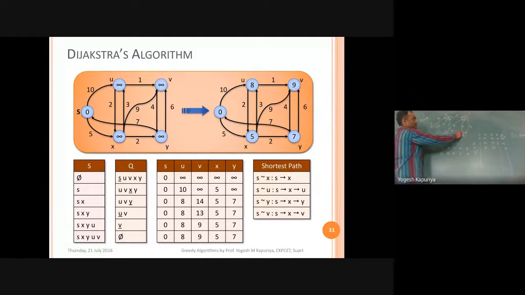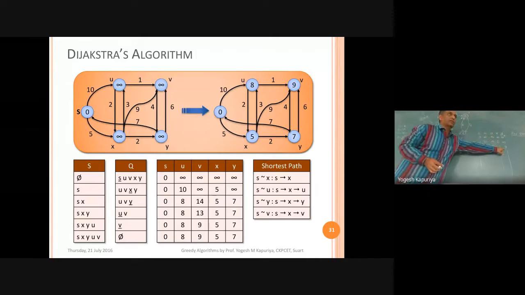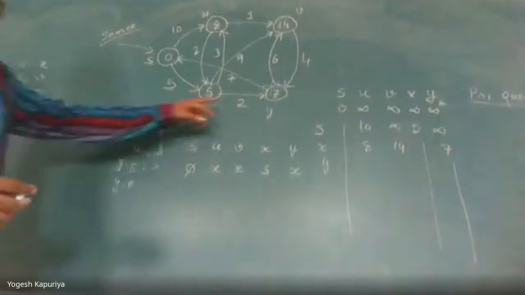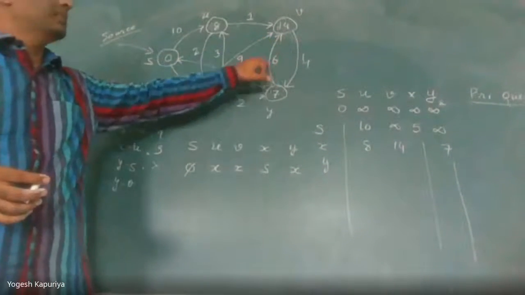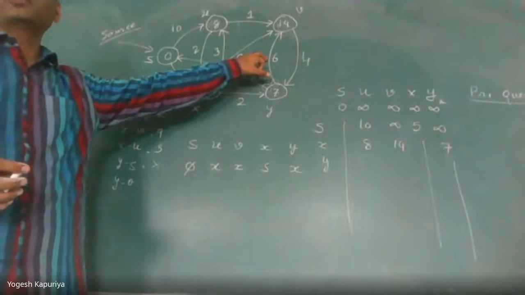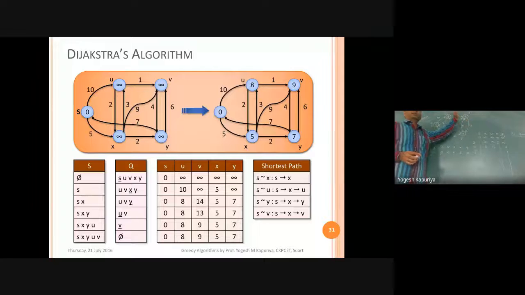Next, Y and B. What is the distance of Y? 7. What is the YB weight? 6. 7 plus 6 is 13. 13 is less than 14.